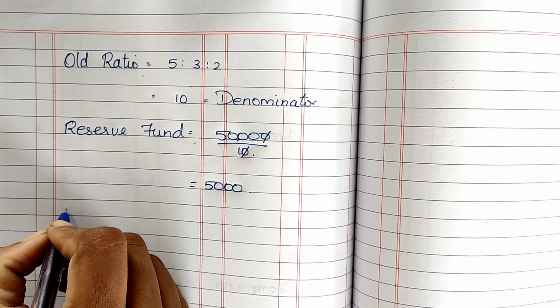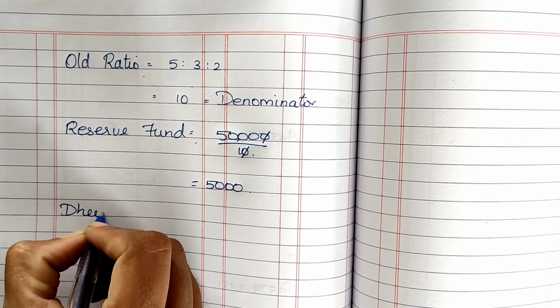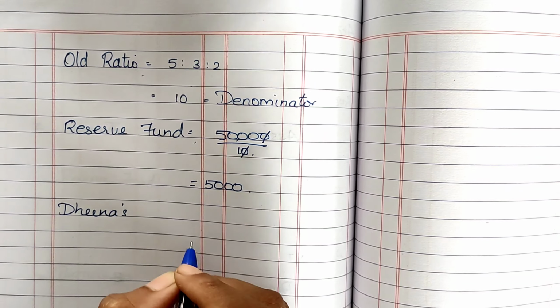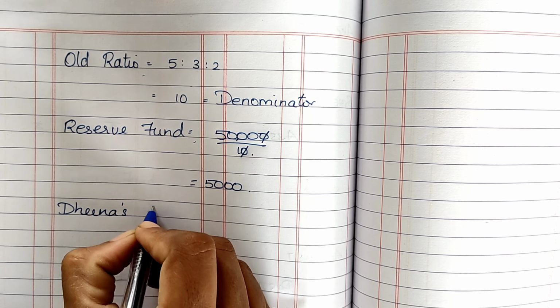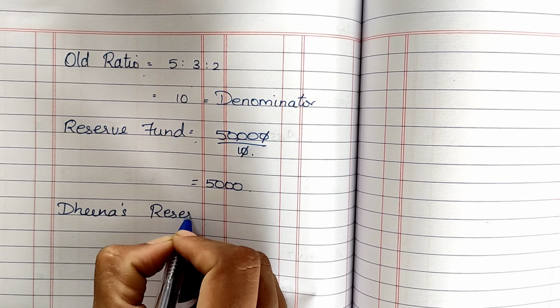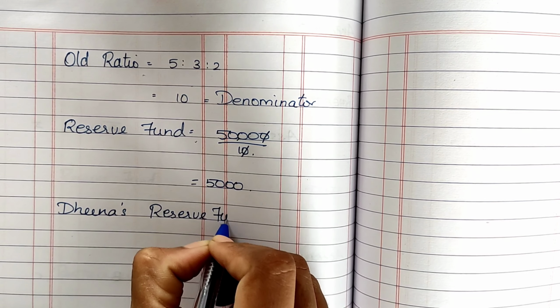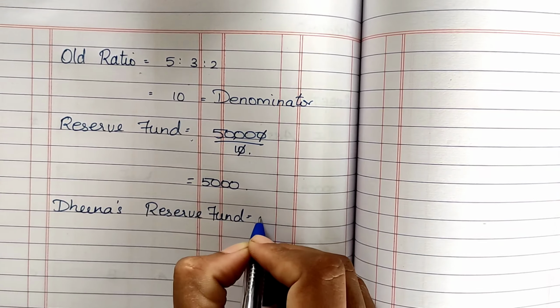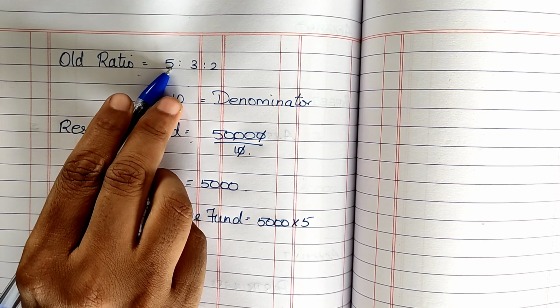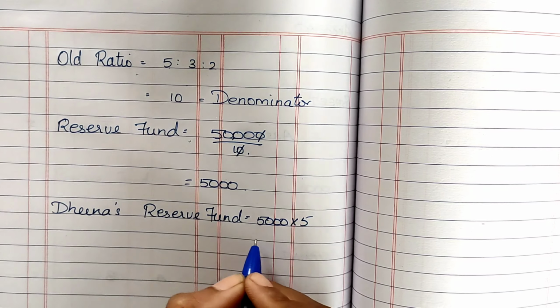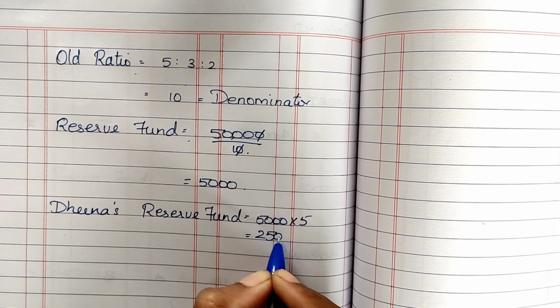First I'm going to calculate for Deena. And the main thing in a partnership account is never change the order of the partners. So Deena's share of reserve fund is going to be the 5,000 which we got into 5, the first person, the first ratio, which equals 25,000.